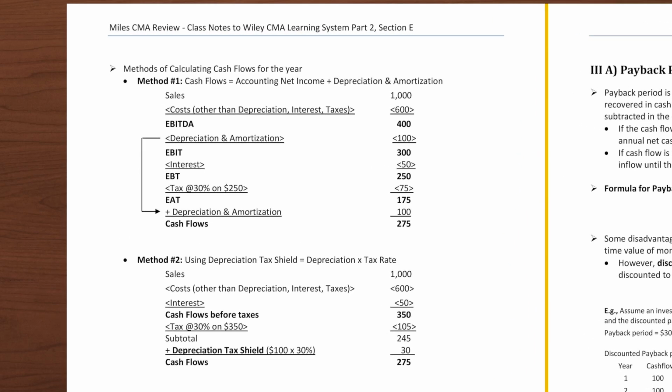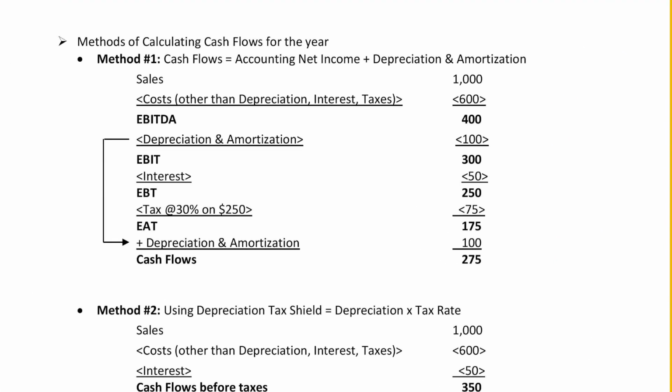We're looking at calculating cash flows. Highlight: cash flows equal accounting net income plus depreciation and amortization. So let's say we're starting with sales less costs other than depreciation, interest and taxes. This gets us to EBITDA. Now EBITDA less depreciation and amortization, the negative $100, gives us EBIT, earnings before interest and taxes.